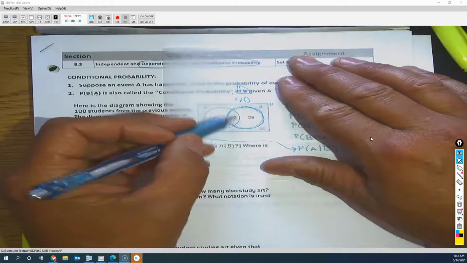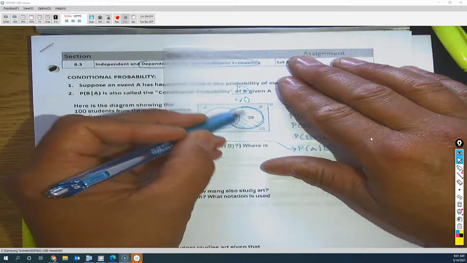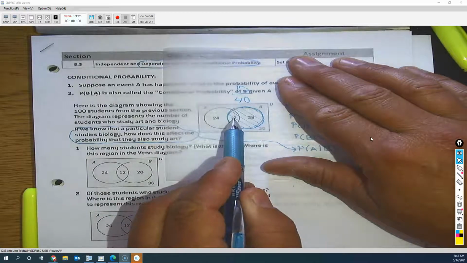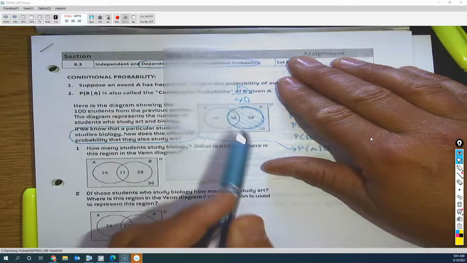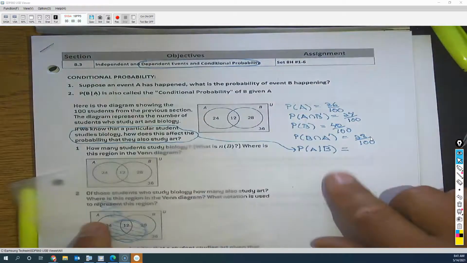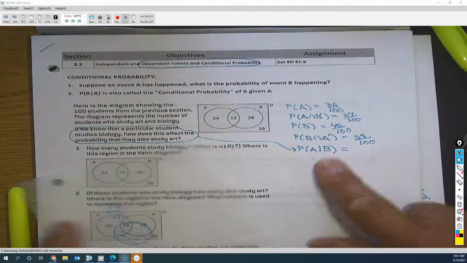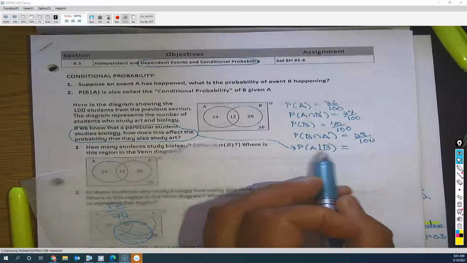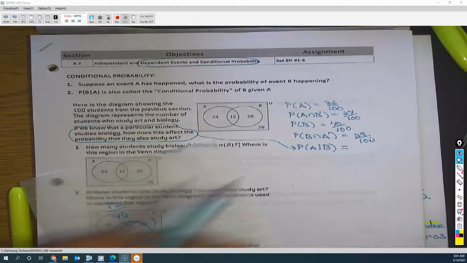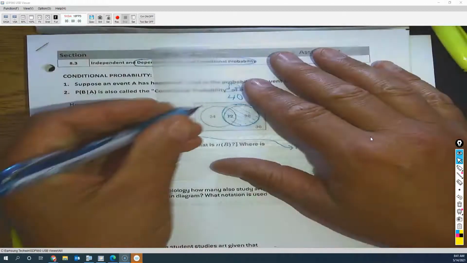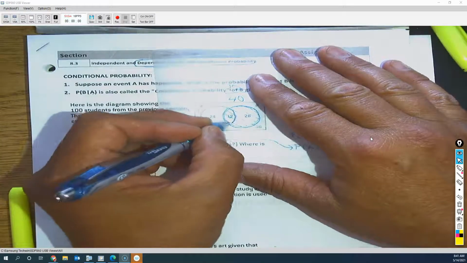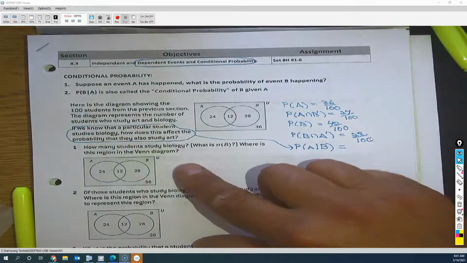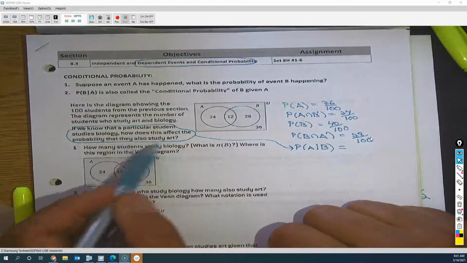If you're already part of this group, that's 40 students that we're looking at, and 12 of those 40 students do art. So this is the probability of A given B. You studied biology; out of that, what's the probability that you study art? That's these guys right here: 12 out of 40. So how does it affect the probability?